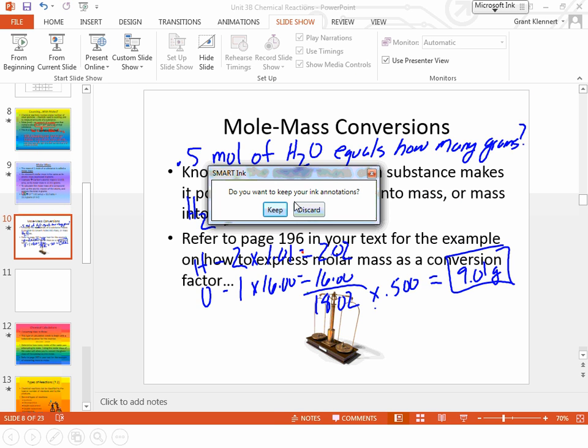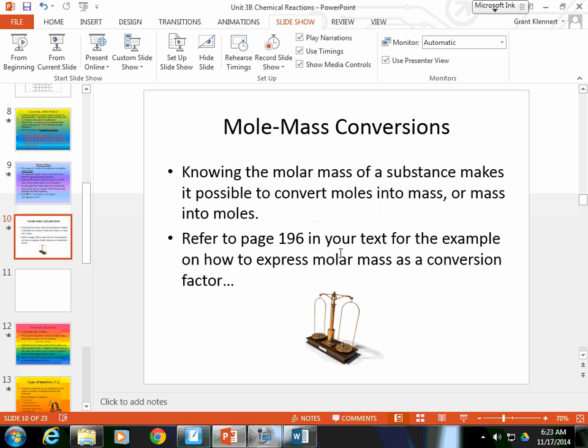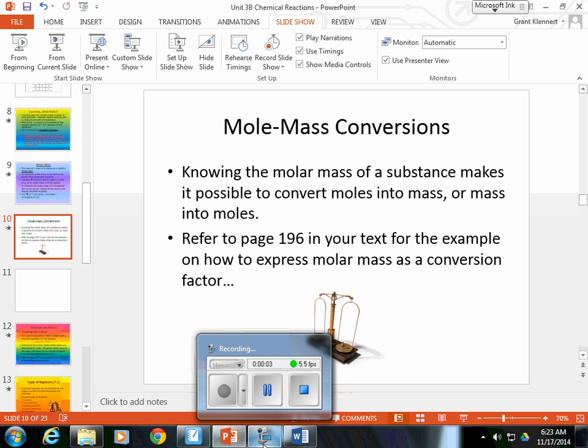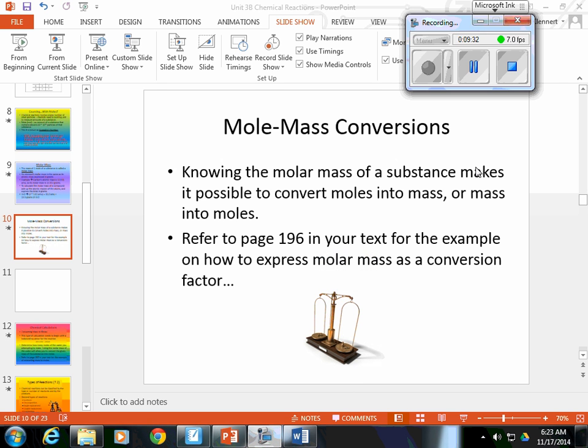Remember, a mole is our unit of measurement, and a mole is equal to 6.02 times 10 to the 23rd atoms, or the molar mass of the substance.